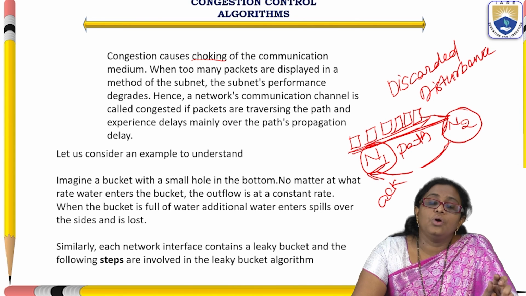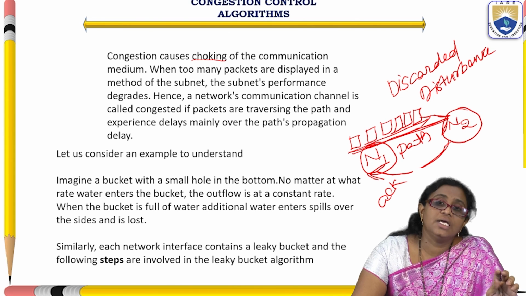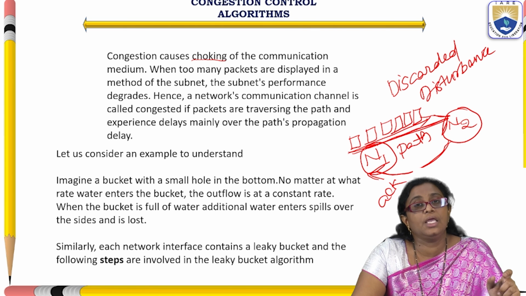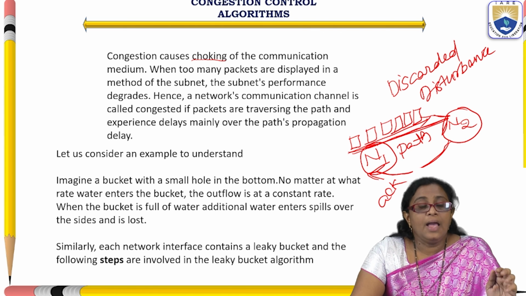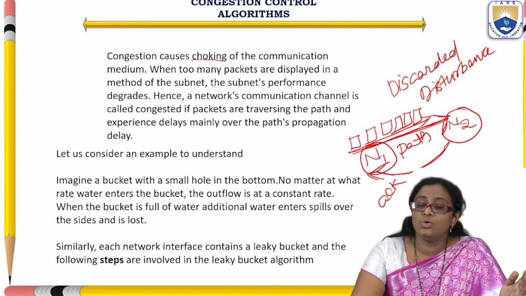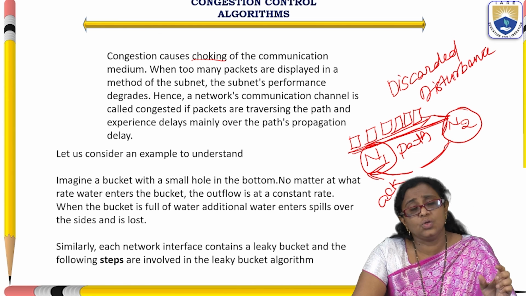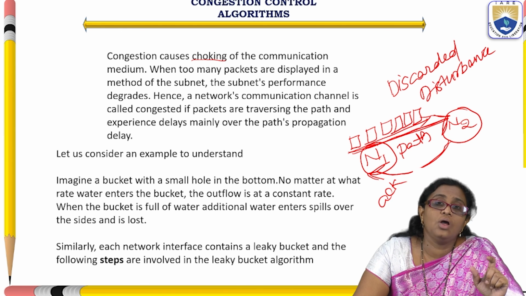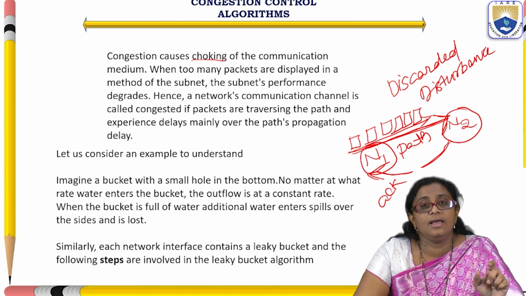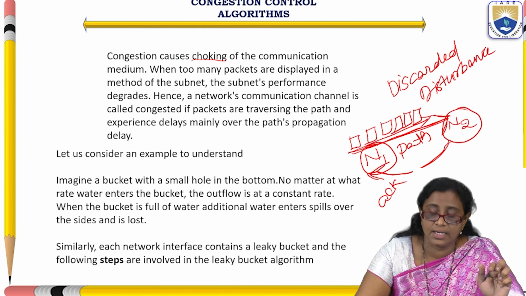Mainly, what are the advantages and disadvantages of using the leaky bucket algorithm, and how the token bucket algorithm was introduced apart from it, and mainly the two controlling techniques, the open loop controlling technique as well as the closed loop controlling technique.